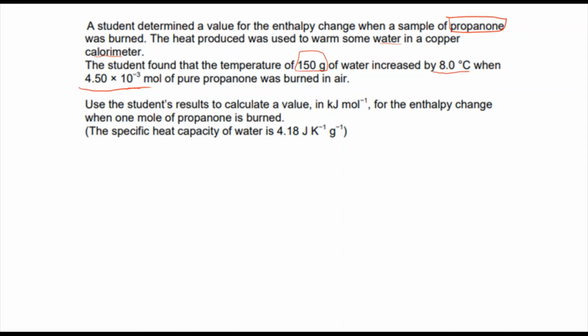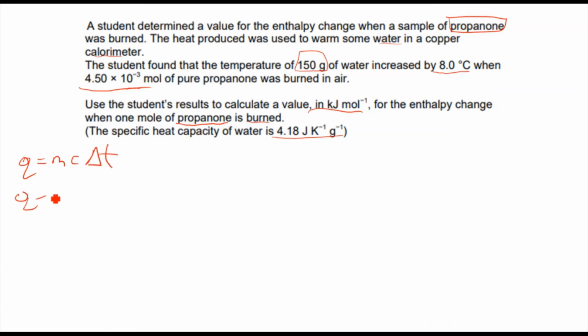I've been asked to calculate the value in kilojoules per mole for the enthalpy change when 1 mole of the propanone is burnt. So again, I would write Q equals mc delta T.